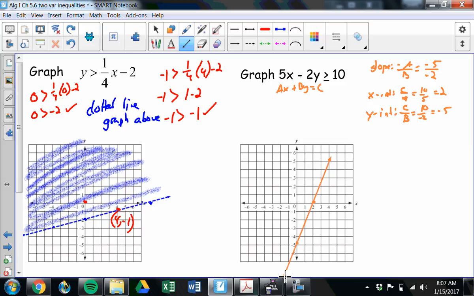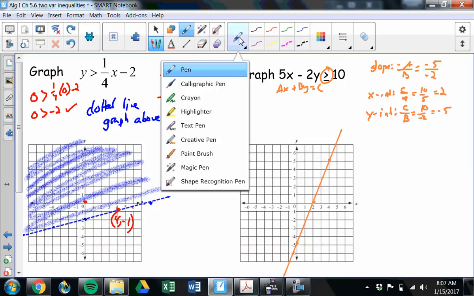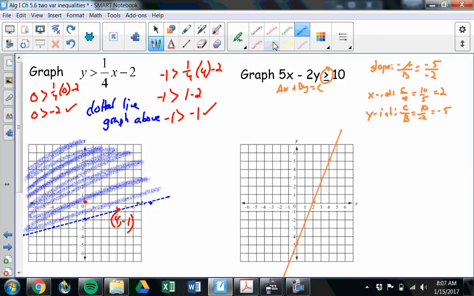But now I want you to see something and watch this very closely. When I graph this, right now it looks like I should be shading above because it has a greater than. So I'm going to shade above, but that's actually going to be incorrect, and you'll see why in a second. Let's check this.